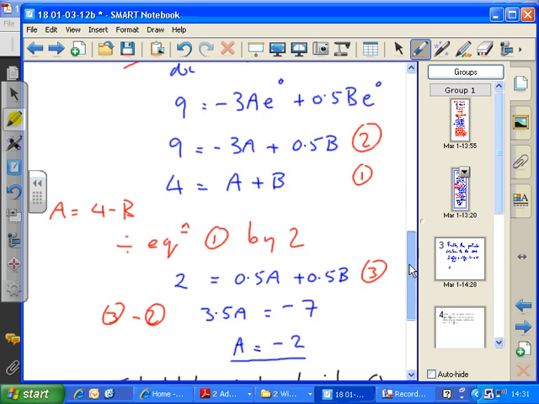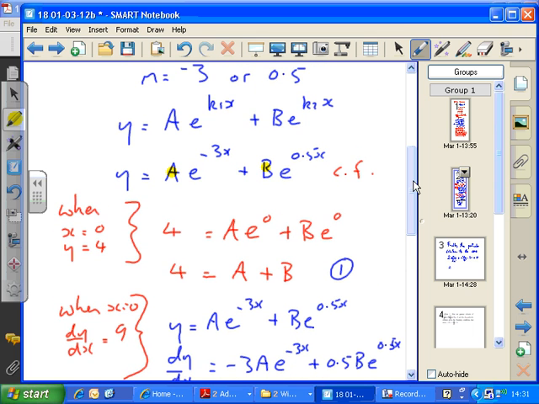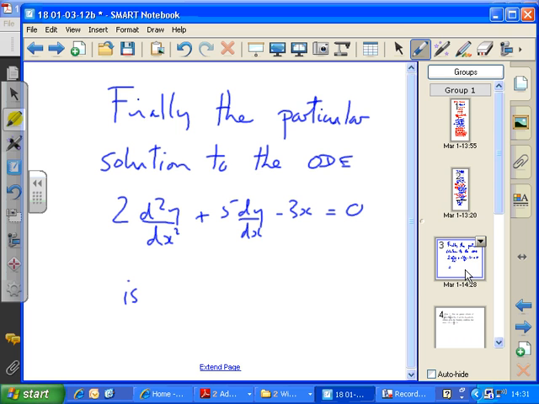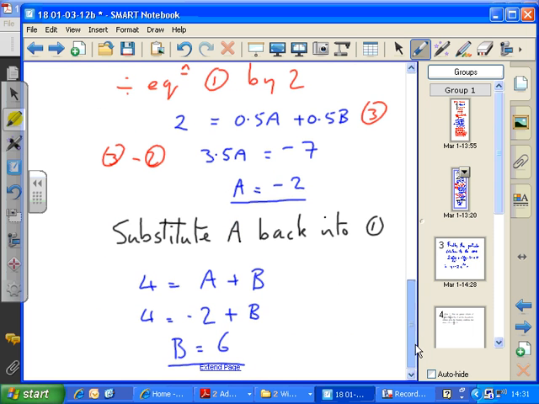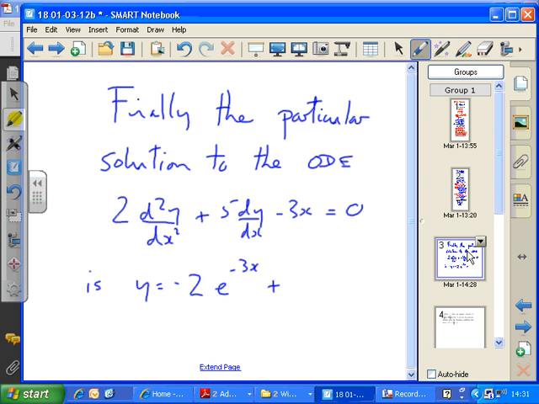Okay, so a was minus 2, so if we look at our general solution, it's minus 2 e to the minus 3x. y equals minus 2 e to the minus 3x plus, what was b? 6. 6 e to the 0.5x. And that would be the particular solution.